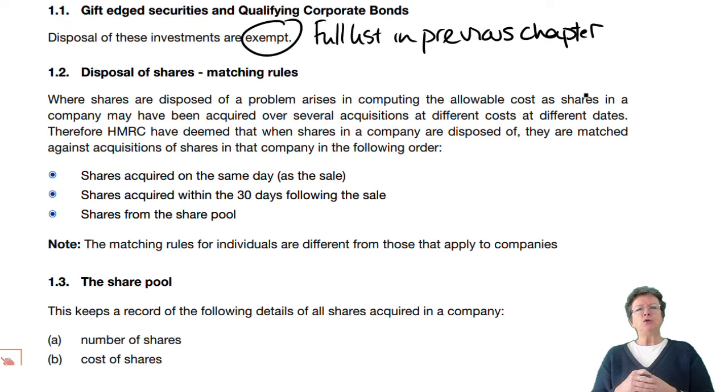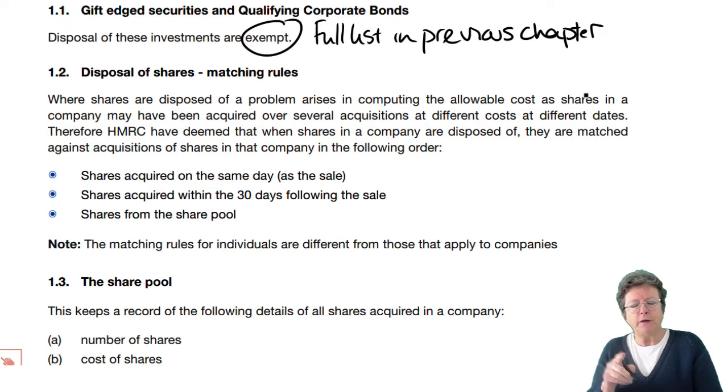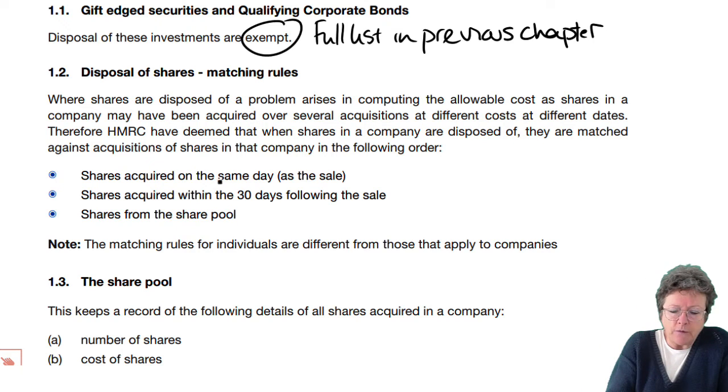Now, in order to clarify this, the Revenue have introduced matching rules. Now, for individuals, the acquisition of shares is matched in the following order. It will all make sense when we get some numbers. Shares are bought on the same day.